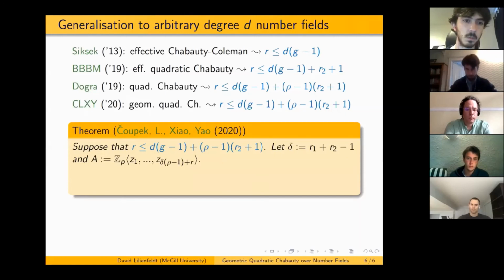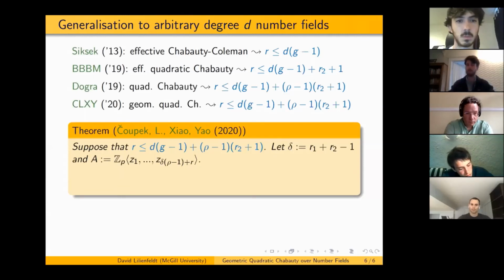So suppose you have this condition, and suppose you're working with a smooth projective curve defined over the number field of genus G greater or equal to 2. Let delta be R1 plus R2 minus 1. And consider this Z_p algebra, which is the p-adic completion of the polynomial ring with Z_p coefficients.